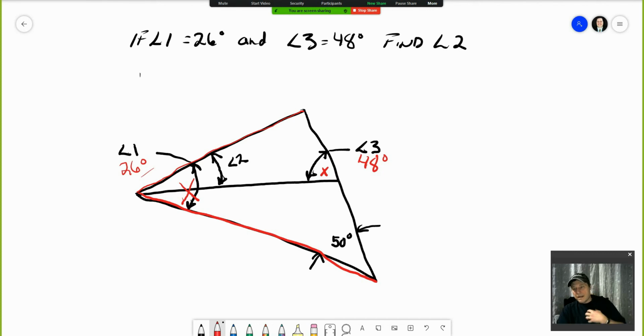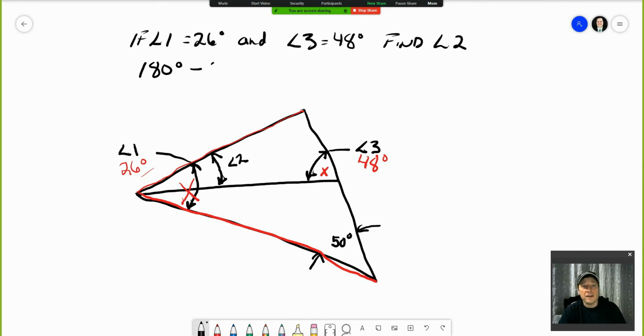If I didn't identify right at the beginning that this large triangle was there, I couldn't solve this. But what I know is that that large triangle is 180 degrees. All triangles are. So the large triangle is 180 degrees.